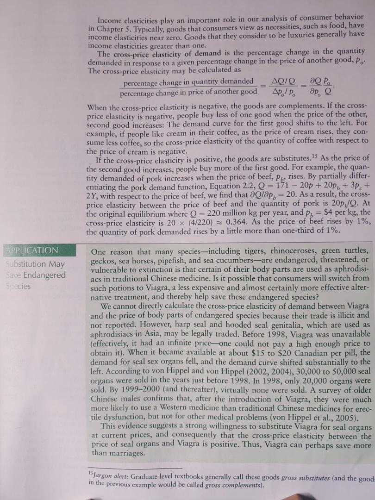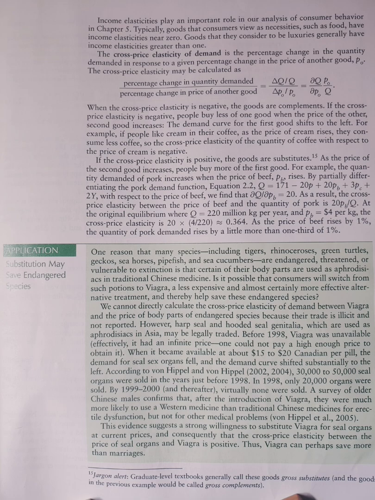We cannot directly calculate the cross-price elasticity of demand between Viagra and the price of body parts of endangered species because their trade is illicit and not reported. However, harp seal and hooded seal genitalia, which are used as aphrodisiacs in Asia, may be legally traded.